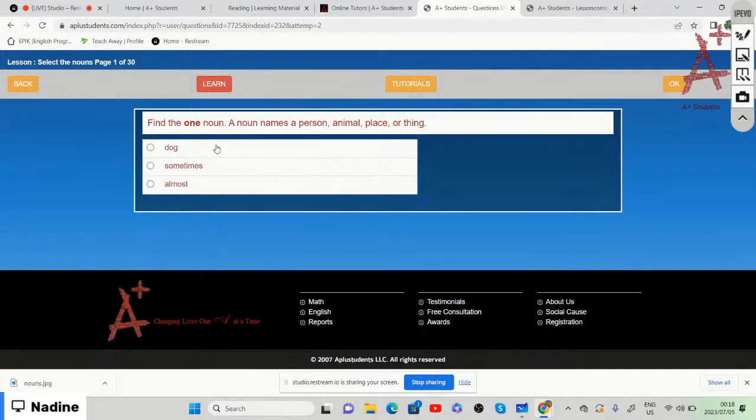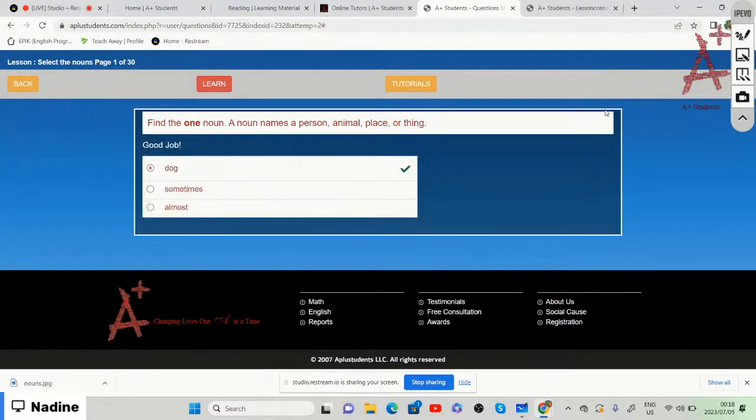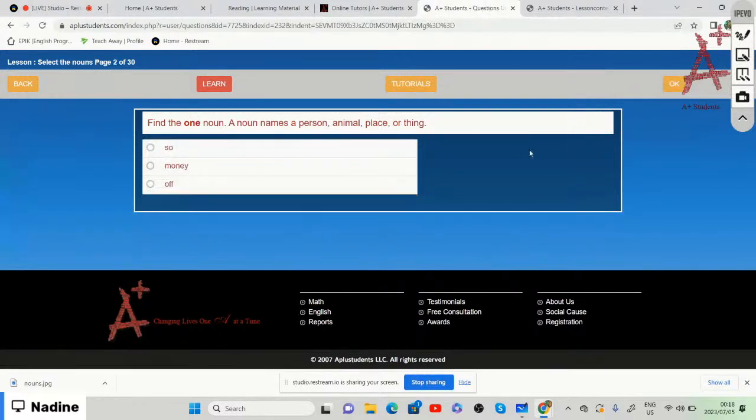All right, so a dog, right? And a dog is an animal. So we chose the dog, which is an animal. If you chose the dog as an animal, then that is correct. We need to find one noun in the second one. So, money, off.